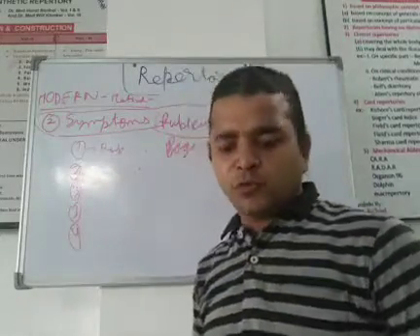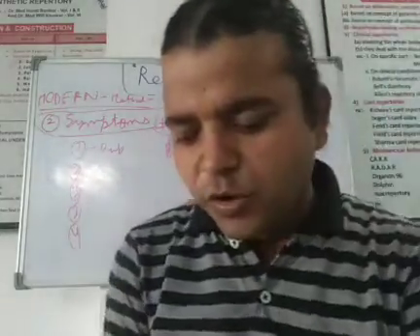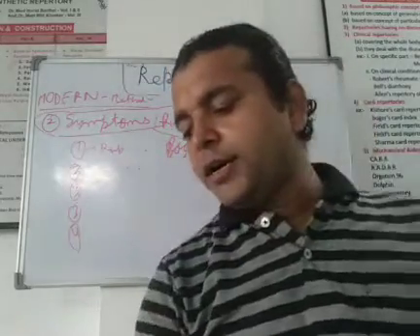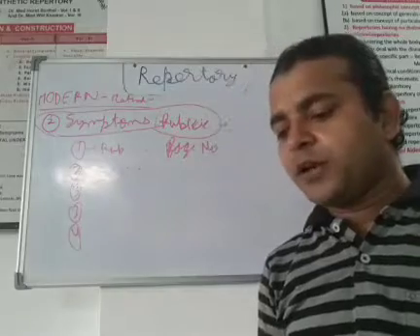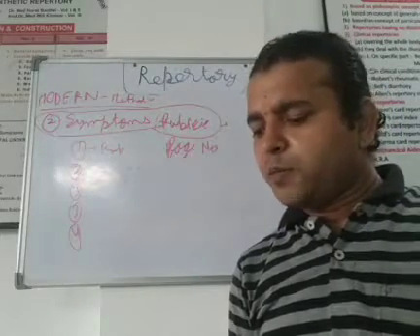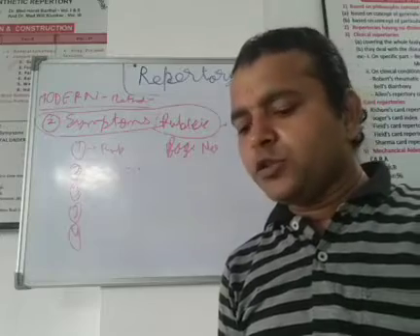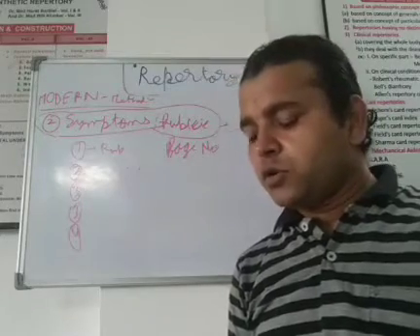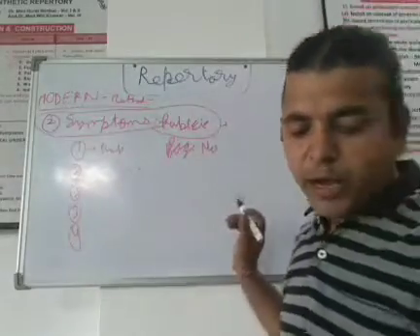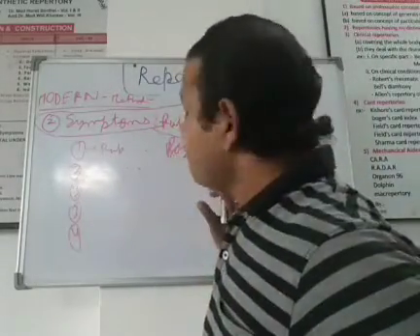Suppose you find any symptom, then you will note down which page number this symptom belongs to. For example, boil. If you use boil, then you will note down boil. I am using Phatak repertory.